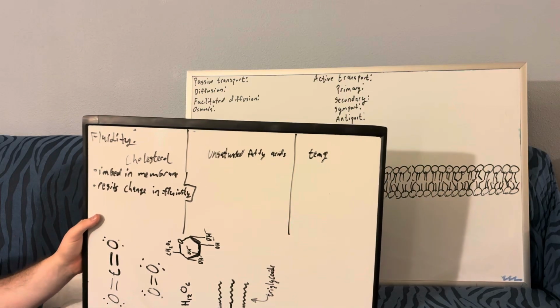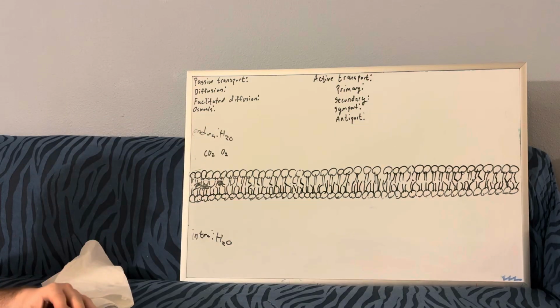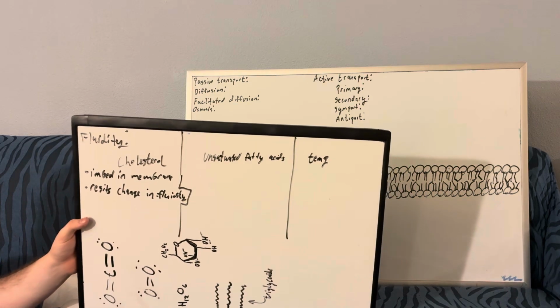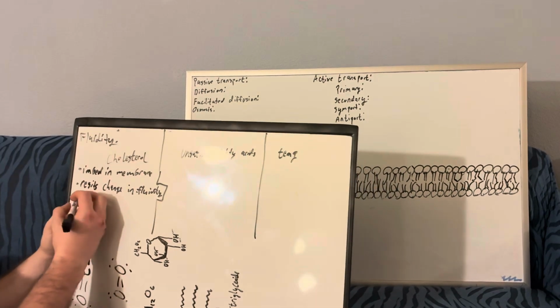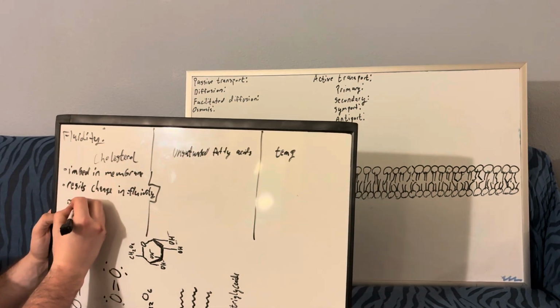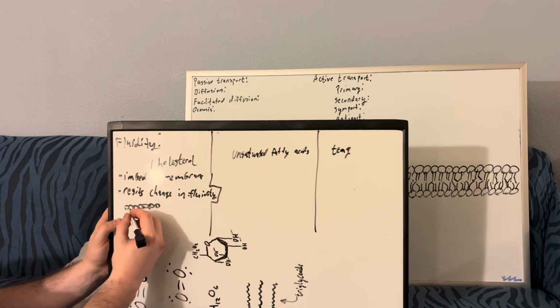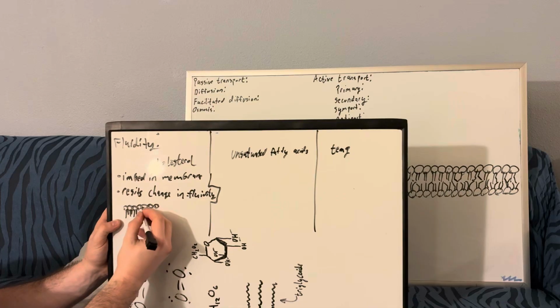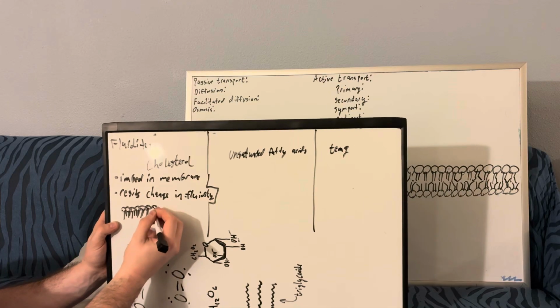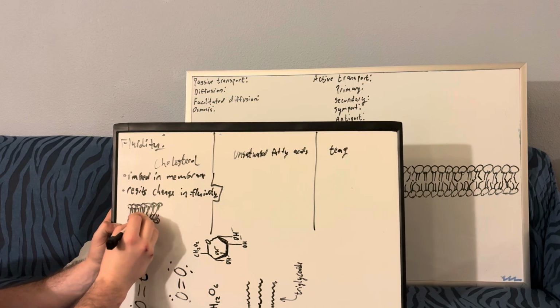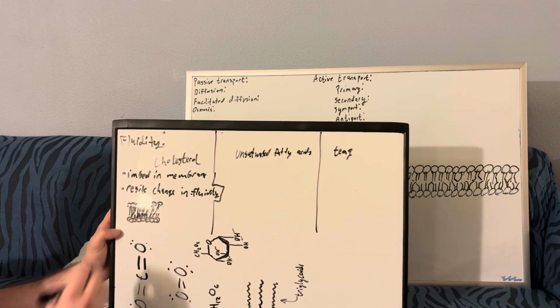So cholesterol, let's talk about if the phospholipids are getting really close together. If these phospholipids are packed really tightly together, like so tightly that they just look so jumbled, it's not going to be very fluid.